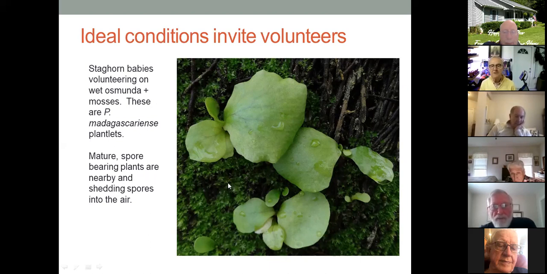This moss is actually growing on what looks like osmunda, which is very easily acquired from orchid supply, or I've seen it in some nurseries.